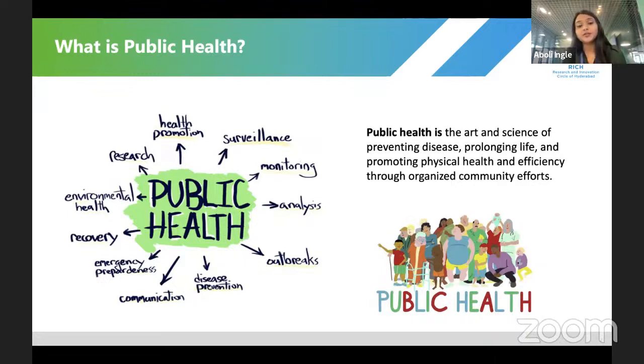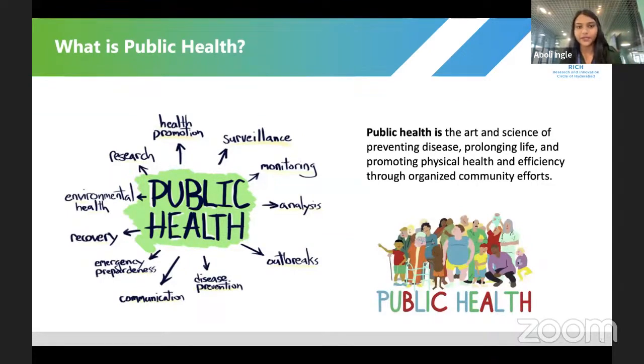One more important component is environmental health. So what is environmental health? Public health also addresses the impact of environmental factors on health. It includes ensuring clean air, water, and food, as well as assessing and managing the environmental hazards that can affect the health of a population.